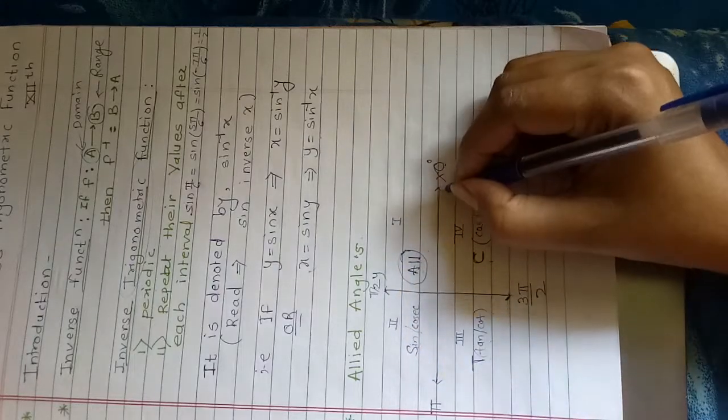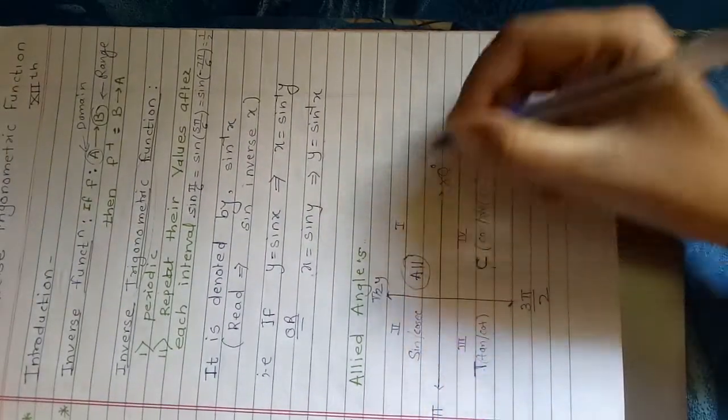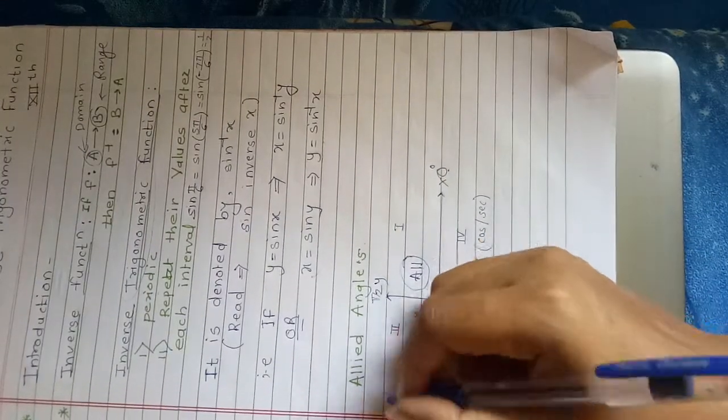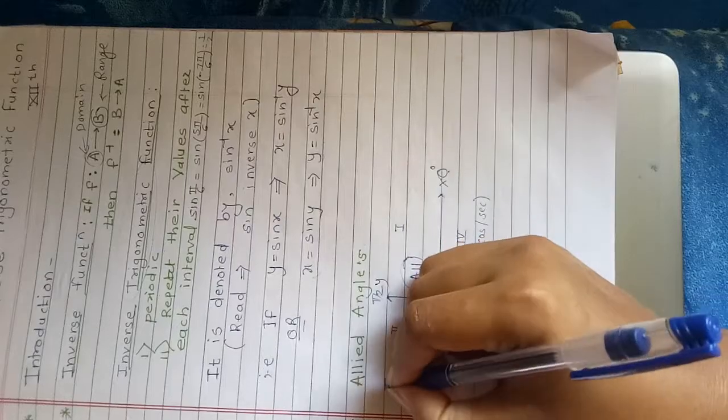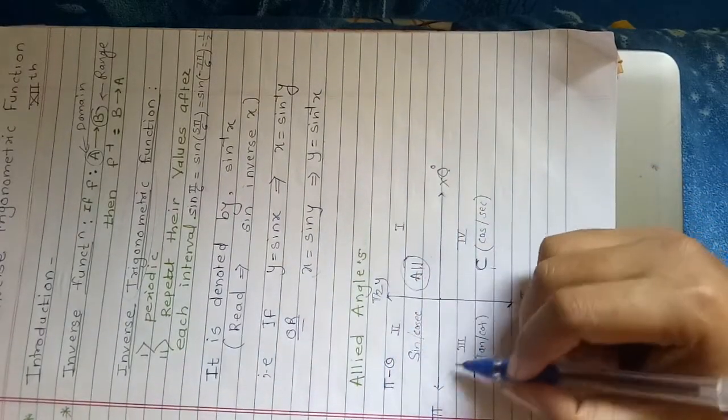Here, in the second quadrant, we write pi minus theta.